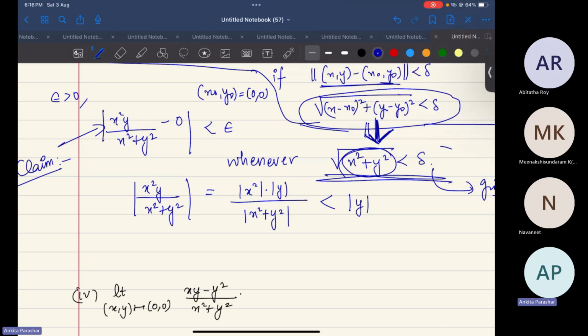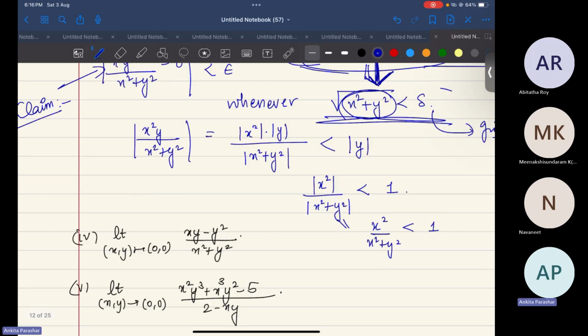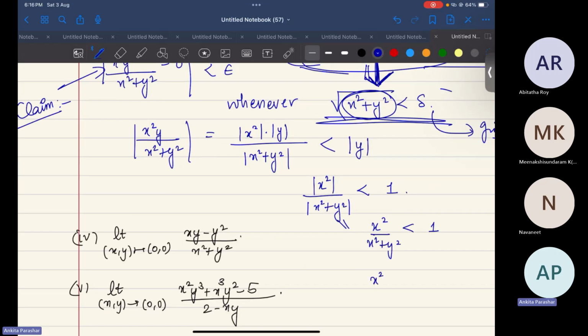In order to say that, look at the numerator x square by x square plus y square. Can we say this is less than 1? Yes, we can. It is very simple, right? Because unless your x and y both are 0, these two quantities will always be positive. So I can simply write this as less than x square by x square plus y square. And this is always true, right? x square is always less than x square plus y square.